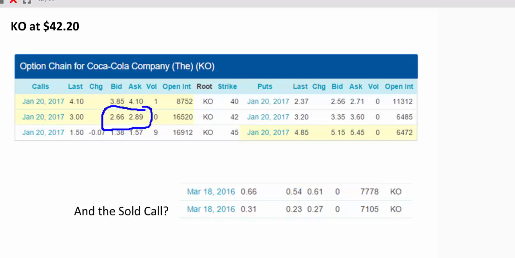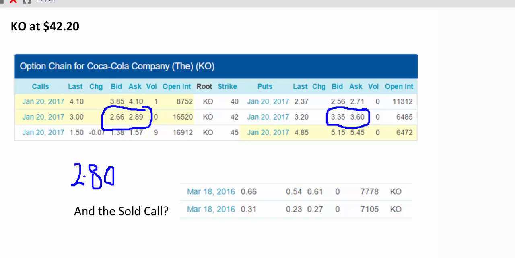This was early on, so the bid-ask spread was a bit wider, but let's say we paid $280 for that. Okay, so that's a debit of $280 for the bought call. Because Coke is a relatively high yielding stock, we see that higher put value.